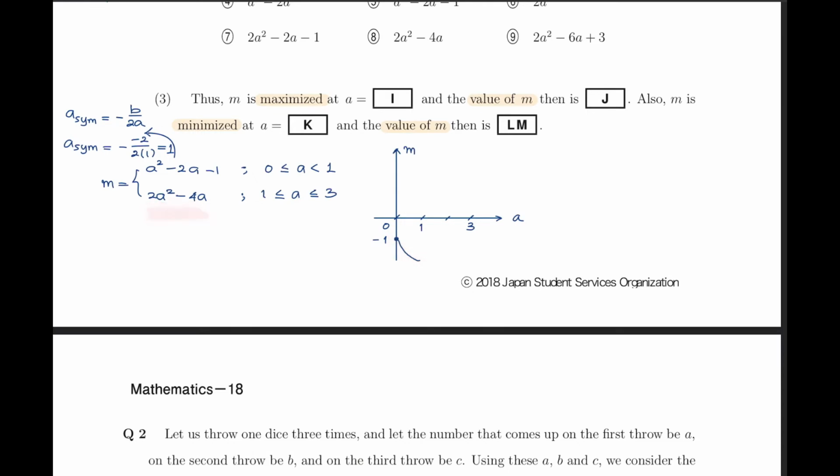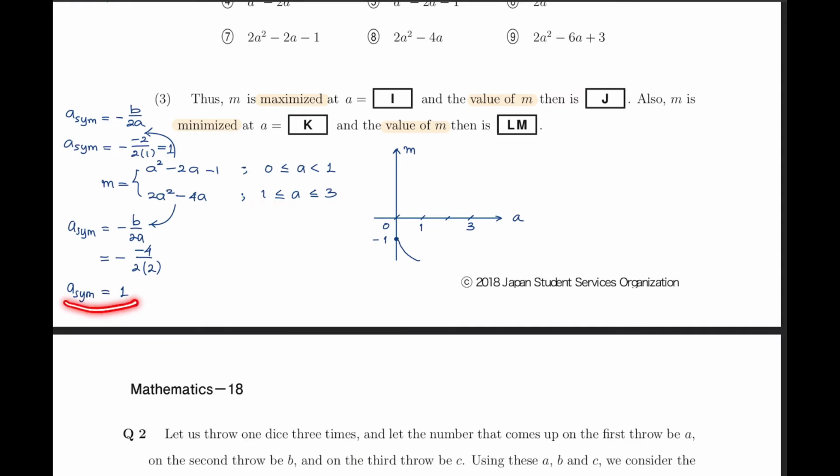And then for the second one, the stationary point, or the axis of symmetry, we can also find by using the same equation. The axis of symmetry is negative b over 2a. Negative b is negative 4, over 2 times a. a is 2. 2 times 2. We will get the axis of symmetry equals 1. 1 is in the range of a.